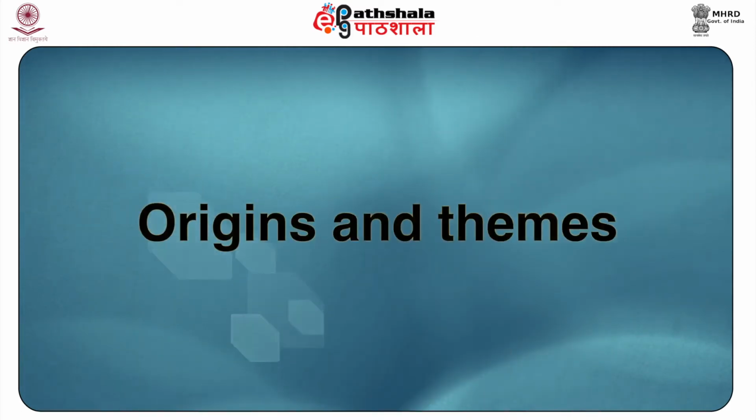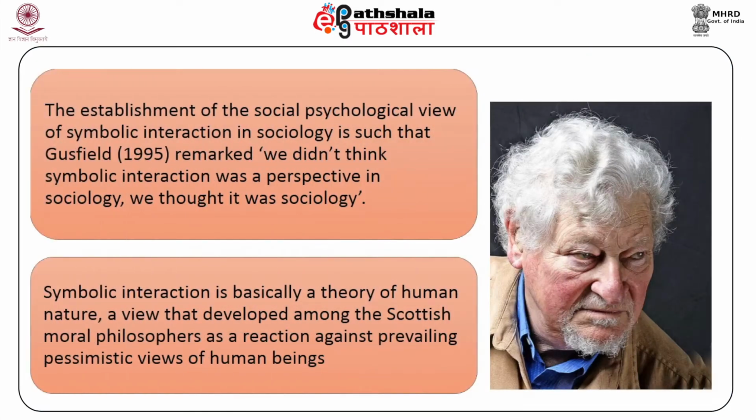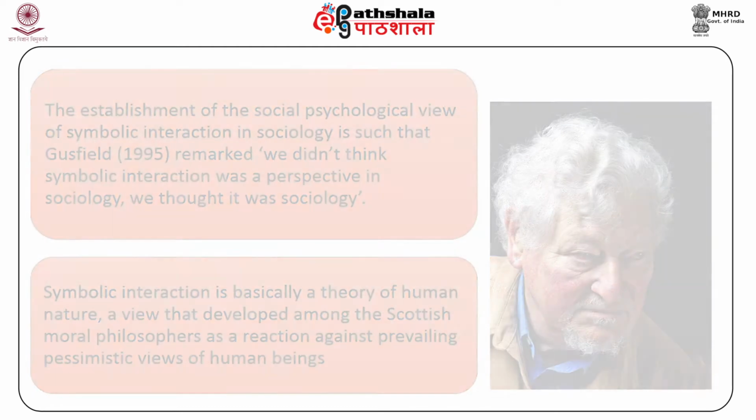Origins and themes. The origins. The establishment of the social psychological view of symbolic interaction in sociology is such that Gus Fields remarked, "We didn't think symbolic interactionism was a perspective in sociology. We thought it was sociology."